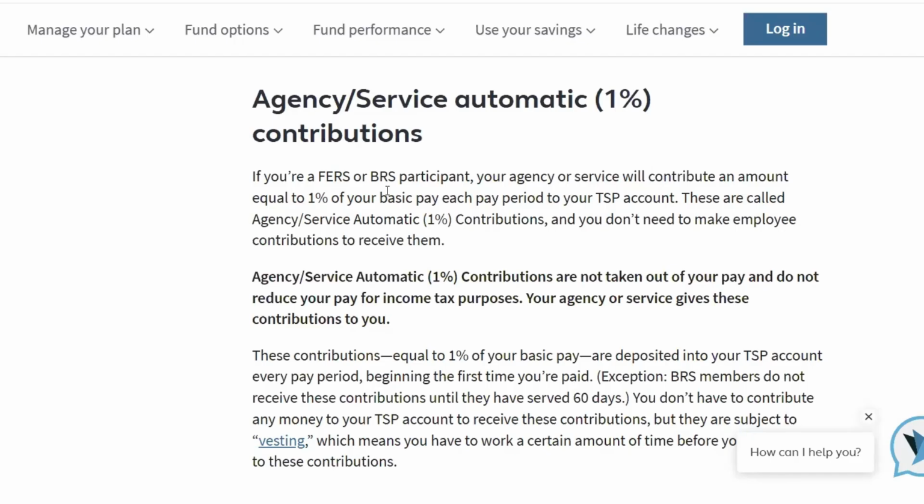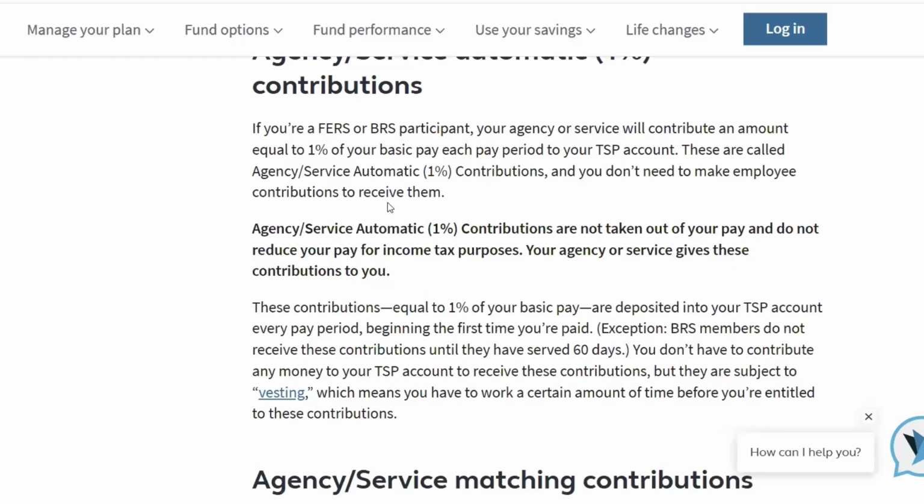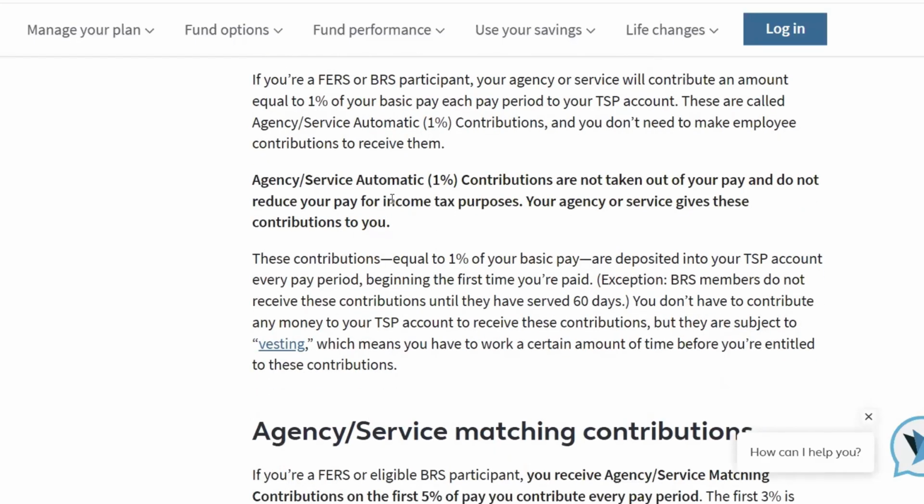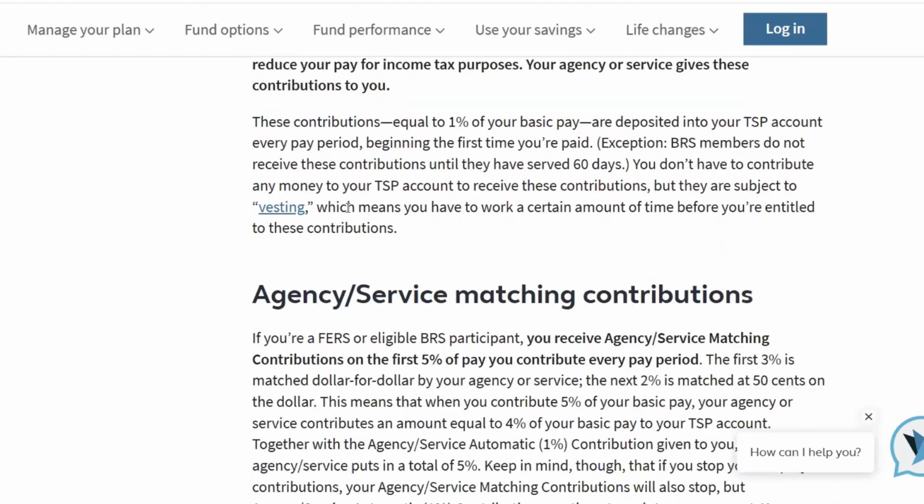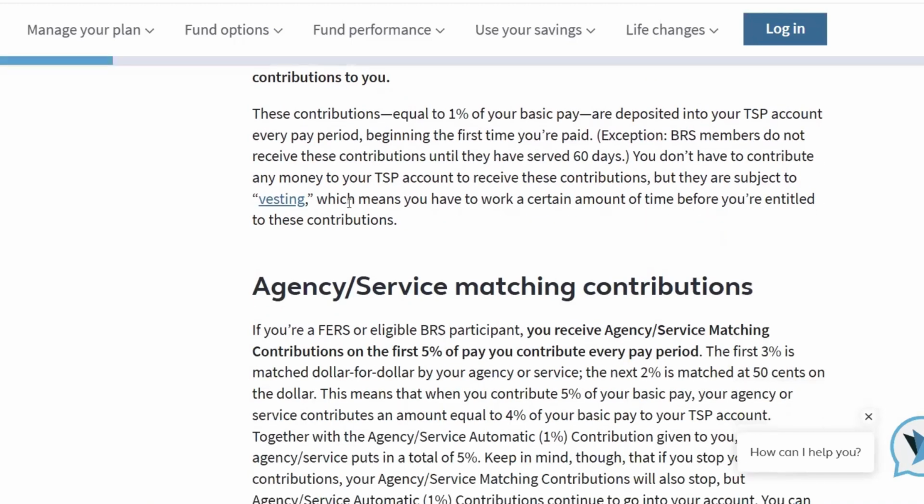Obviously, this can still pertain to those types of employees, but for all intents and purposes, we work directly with the federal employee community. So we'll jump into military maybe in another segment, but that's not the purpose of today's content. So anyways, the agency matches an automatic 1% that is taken out of the employee's pay.